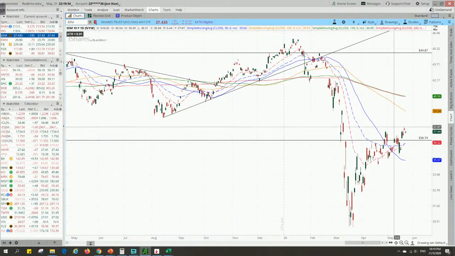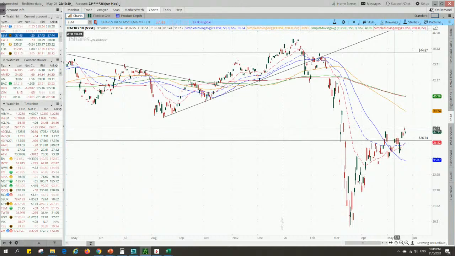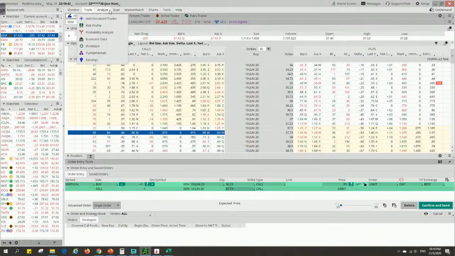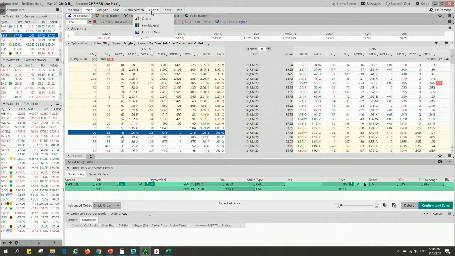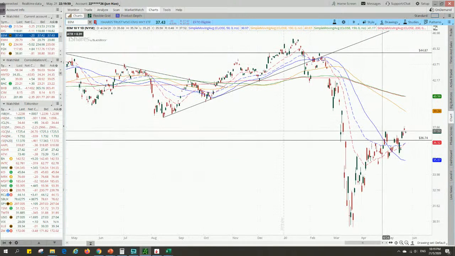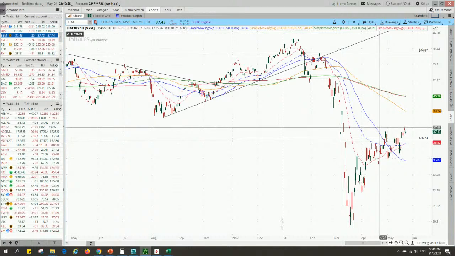And then 37.73 would be somewhere around here. Oh my god, 37.73 will be just at the high of this previous candle. Okay, that will give the stock price much more room to move as the trade develops.